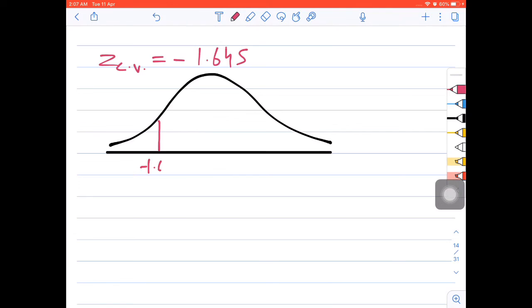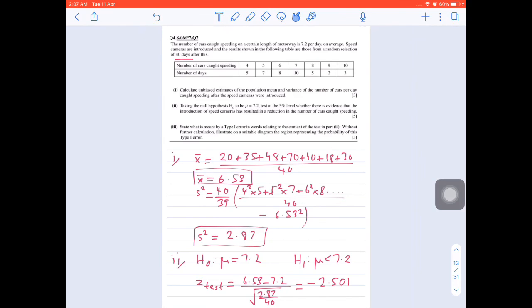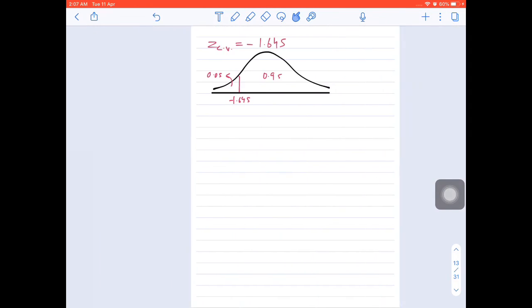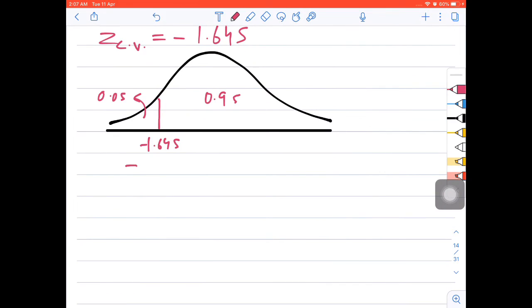This is coming negative 1.645. This region is 0.95 and this is 0.05. So z test is negative 2.501, so that is definitely towards the left. So since z test is less than z critical value, reject h naught.